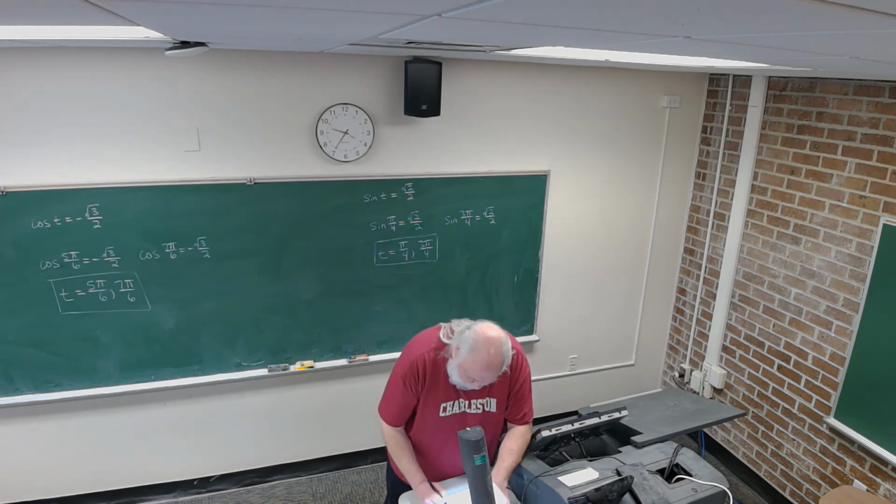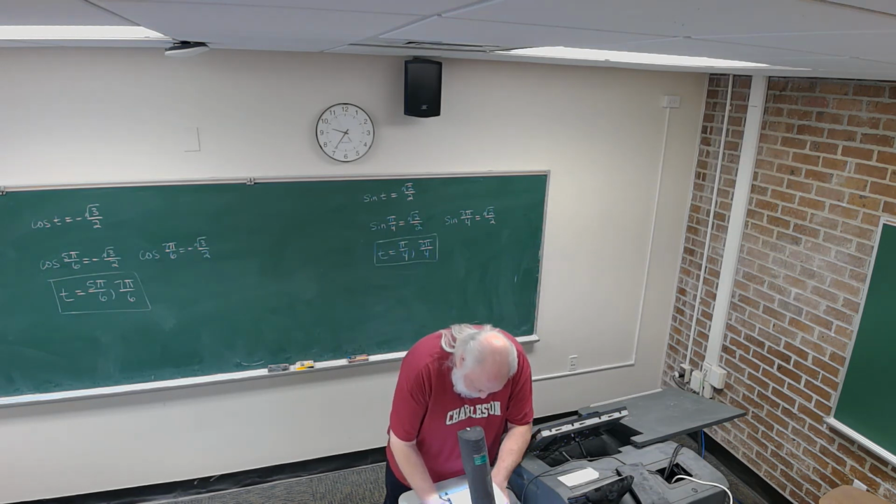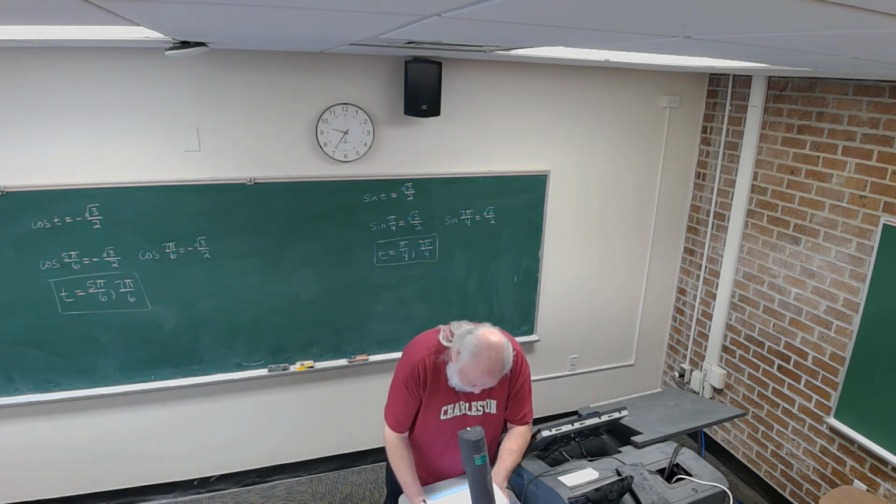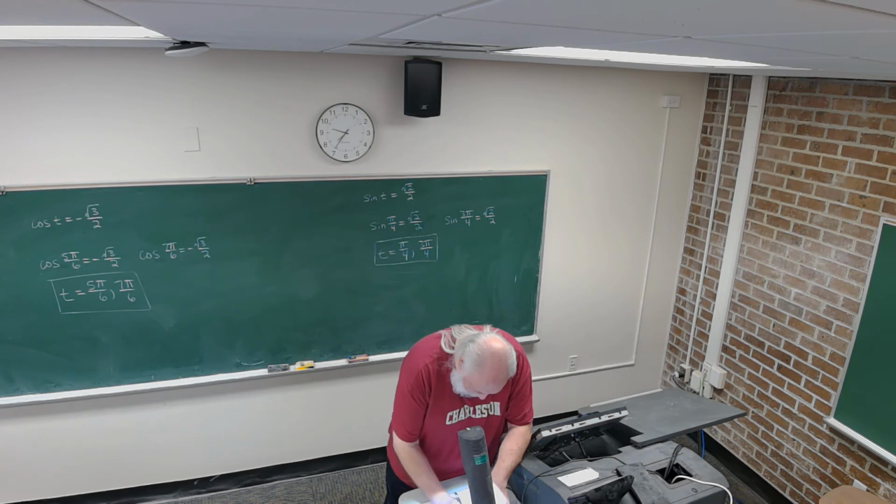Our fourth point is (3 pi over 2, 0), which is right here. And our fifth point is (2 pi, 1), which is up here.